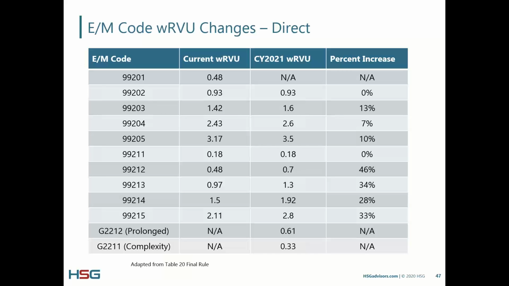Here's what the changes are. There are no changes in the lowest code, so the 202 and the 211 really have no change. But there's fairly significant change in all the other codes between the current RVU value and the 2021 RVU value. And by the way, here are the RVUs associated with those two new codes we talked about. So there are fairly significant increases, especially for established patients, right?